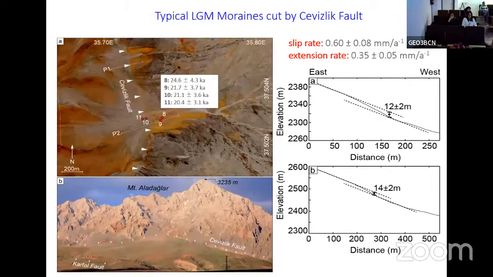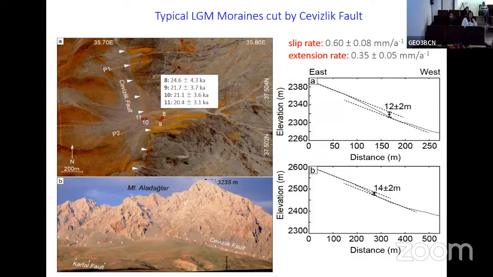We also dated some moraines here that you can see. This is a high mountain area, and this is the mountain front here that you see, a mountain front fault. And we have really nice small moraines here, and it is cut by this fault. The moraine is here, and we sampled from the upper and lower parts of the fault, with two samples, and they are typical last glacial maximum, 21,000 years old surfaces.